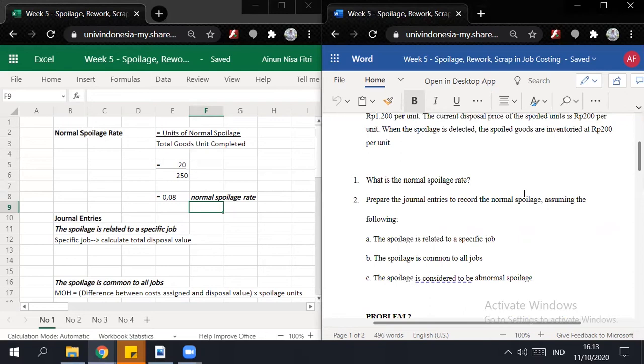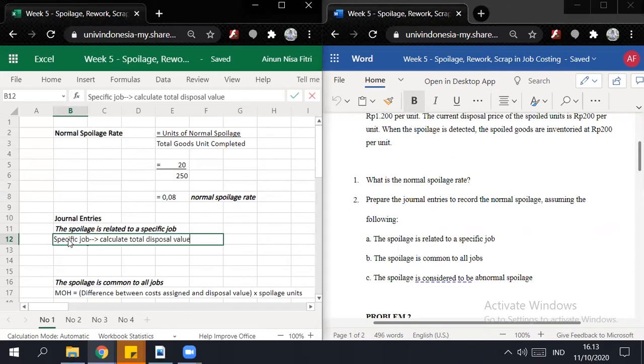And what is the disposal value? The disposal value equals the disposal price multiplied by the total normal spoilage.